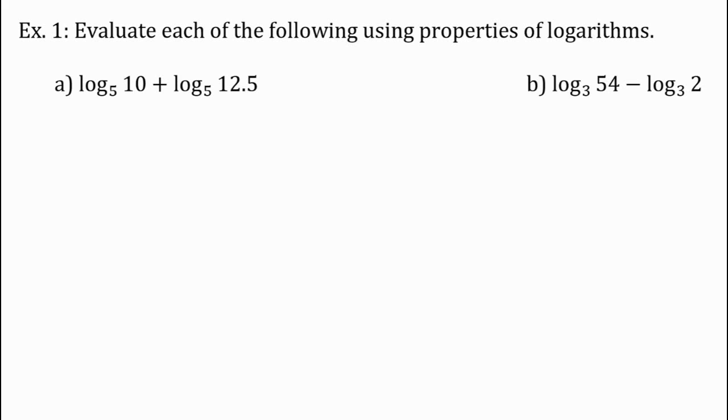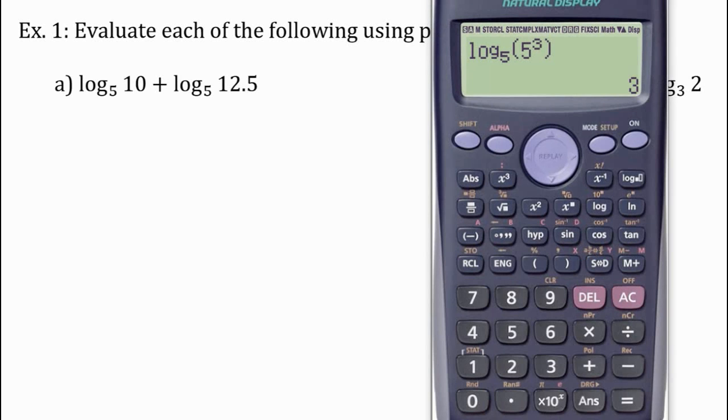Okay, ready to go? So, first thing that's interesting to see is that log base 5 of 10 is not a nice value. Log base 5 of 12.5, also some kind of nasty decimal.